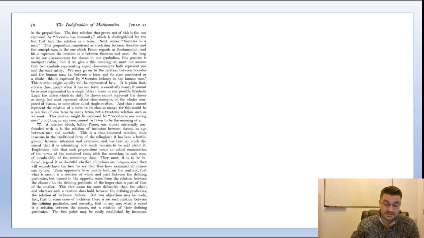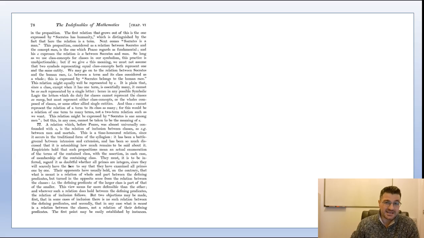So we've got a defect in the symbolism. The symbolism that we use to represent classes, a given symbol will either represent the class concept or it will represent the class as one, which conflicts a little bit with our view of classes as many.